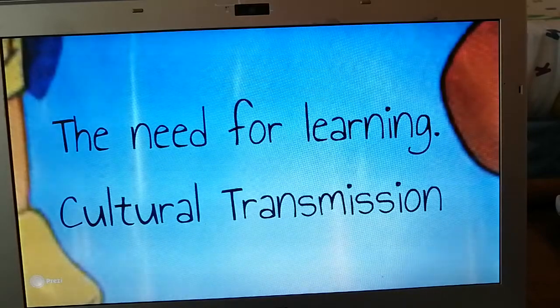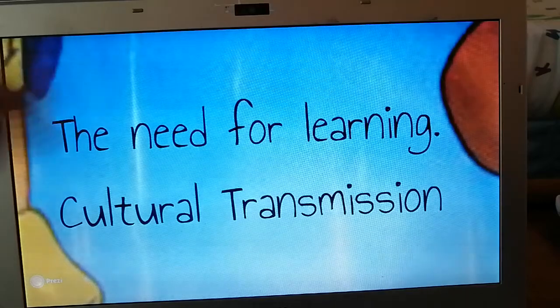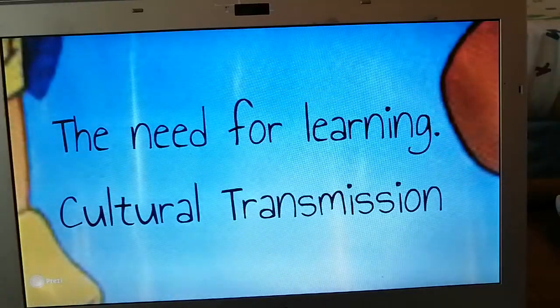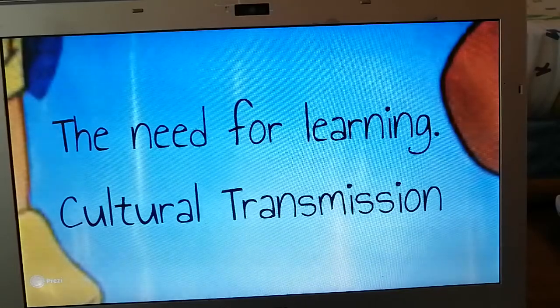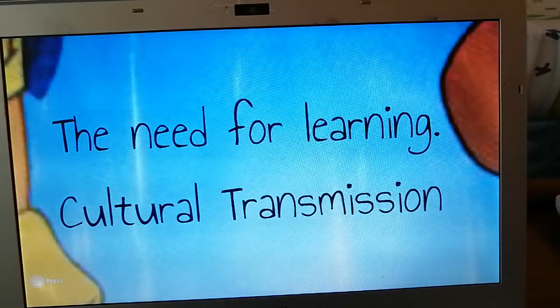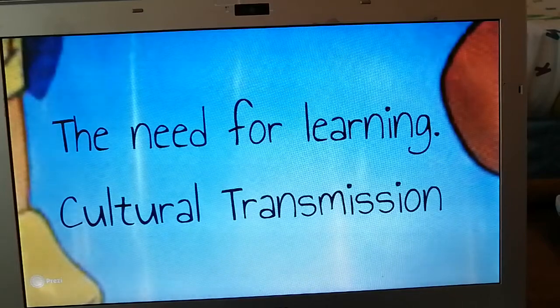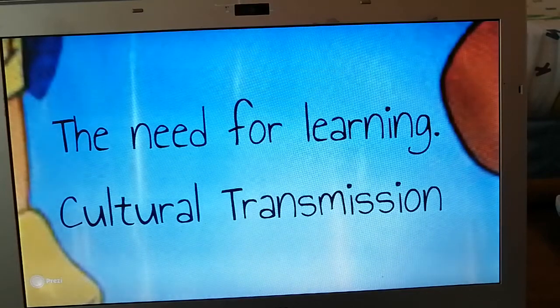Unlike animals who learn to speak in a way when they are born. For example, birds, when they are born, after a few minutes or hours they start chirping.